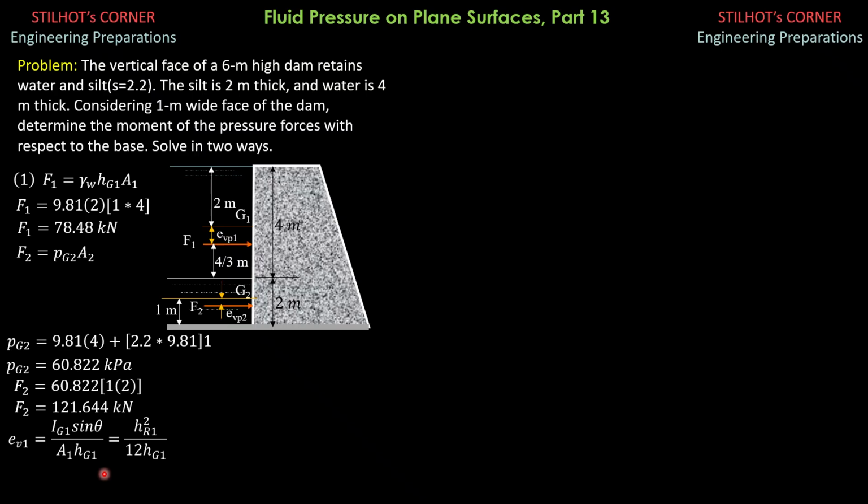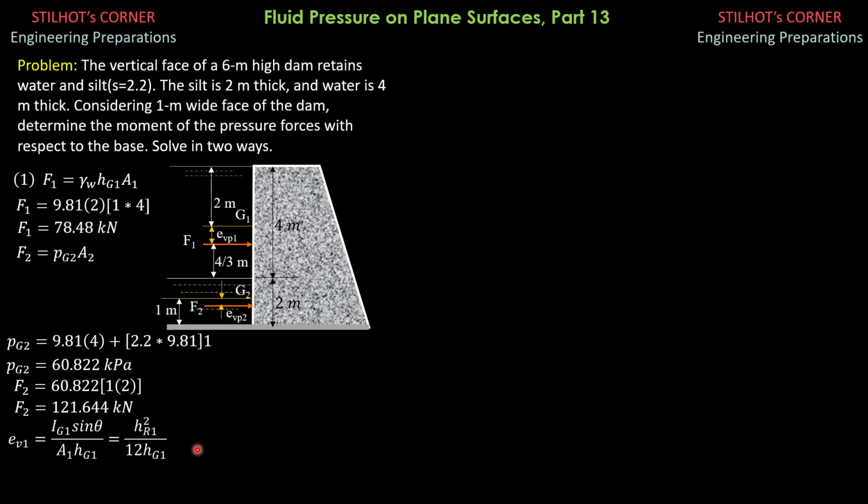Now, it reduces to height of rectangle squared over 12 HG. You can look at the preceding videos about the simplification of this EVP formula and also the derivation from the first part of the video, not here but maybe in my playlist on fluid mechanics and hydraulics, the theory and principles.